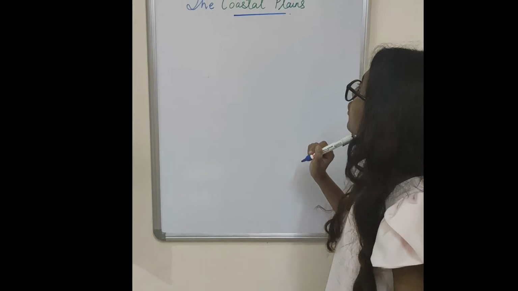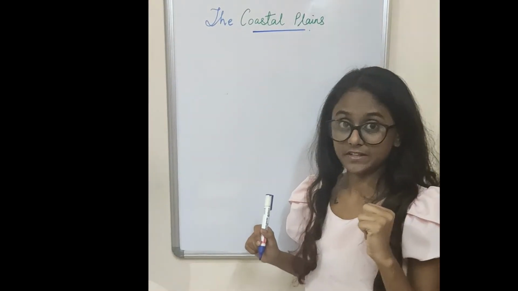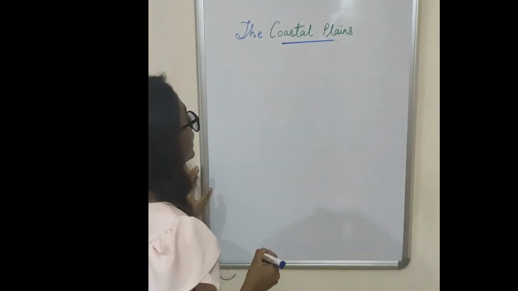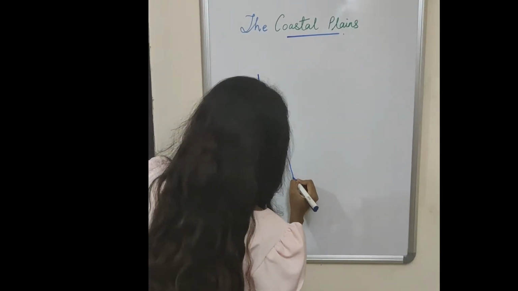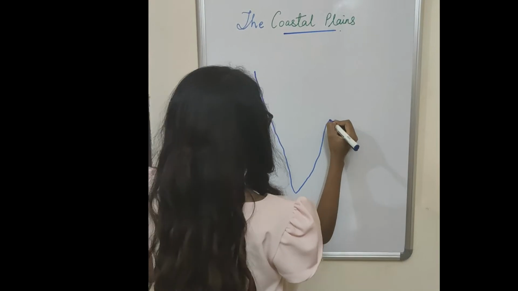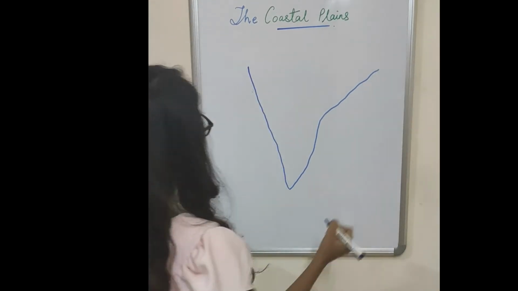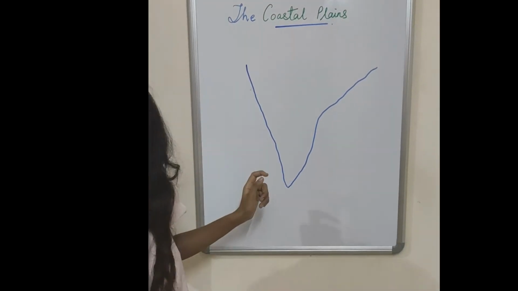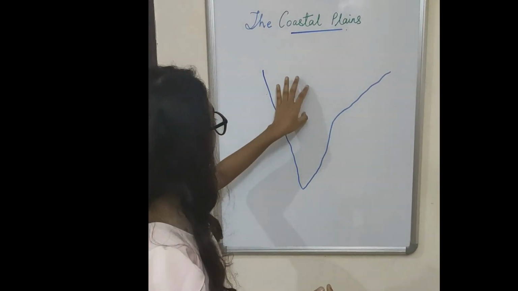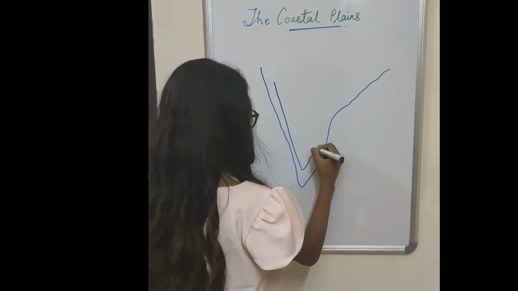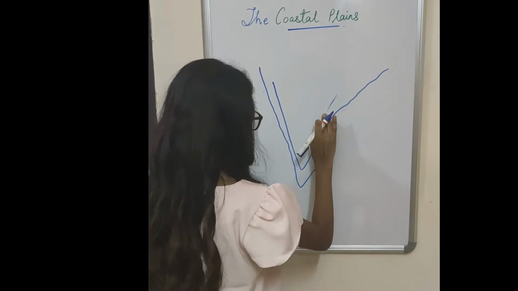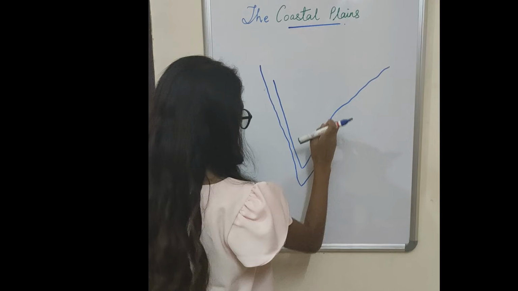Now let's learn about coastal plains, which is your fourth physical feature. Okay. Now, the fringes or the edges. Like this is a rough diagram. So the fringes of the Peninsular Plateau. So our Peninsular Plateau is somewhat like this.